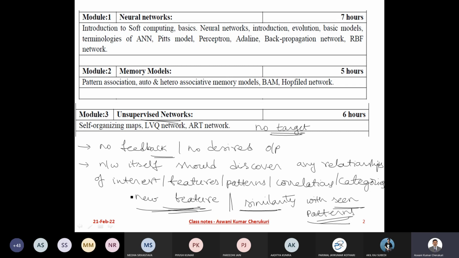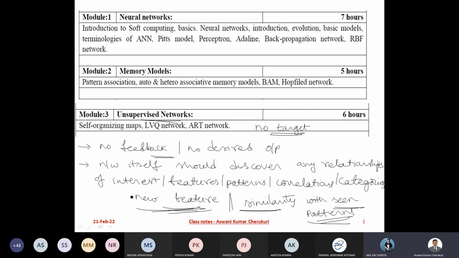Based on that, you find the similarity of the new pattern and allow it to settle in among that particular group, whether it is 2 groups or 5 groups or 6 groups or 10 groups or whatever it is. Okay, that's how these networks work. Is that clear?